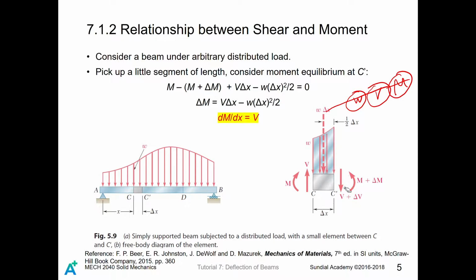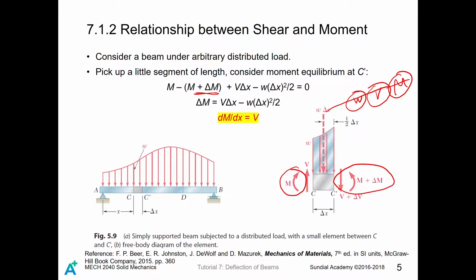At point C prime, if we take the clockwise moment as positive, at this side there is a clockwise moment M, and on this side there is an anticlockwise moment M plus delta M. So those two moments combine to give minus delta M, as you can see here.